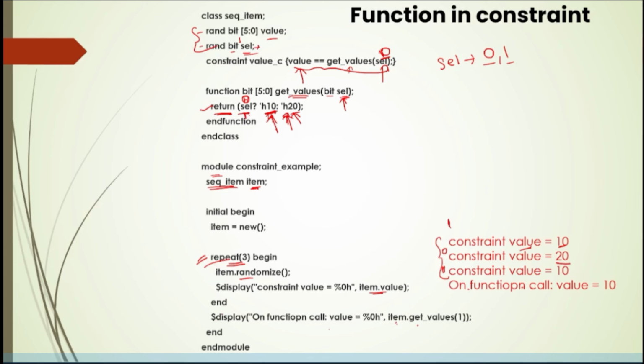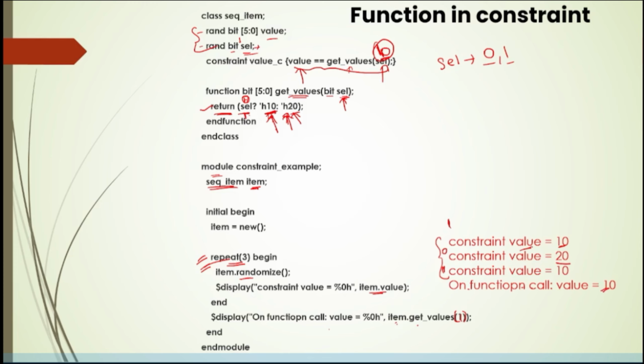After randomizing it 3 times, I'm referring to the value: item dot get values, and I'm giving it as 1. So the select is obviously 1 here. I'm not randomizing, but I'm passing the select value as 1. So the output will obviously be 10.